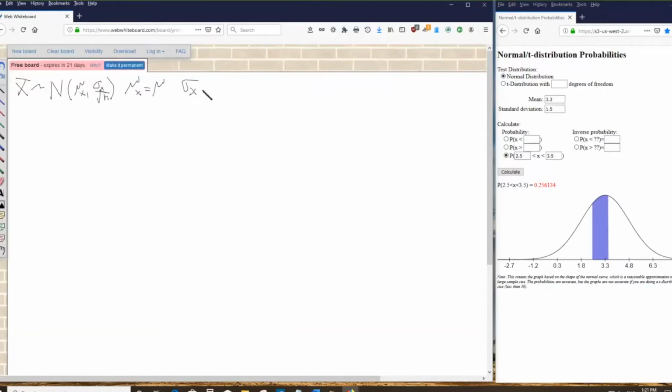Your standard deviation is going to be the square root of the original divided by the sample size. This is also called the standard deviation of the mean. It's also called the standard error of the mean.